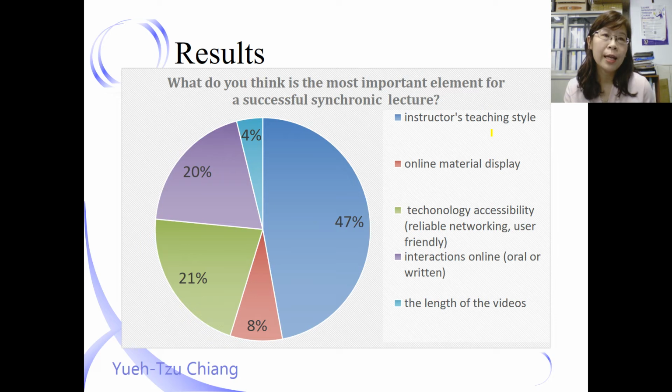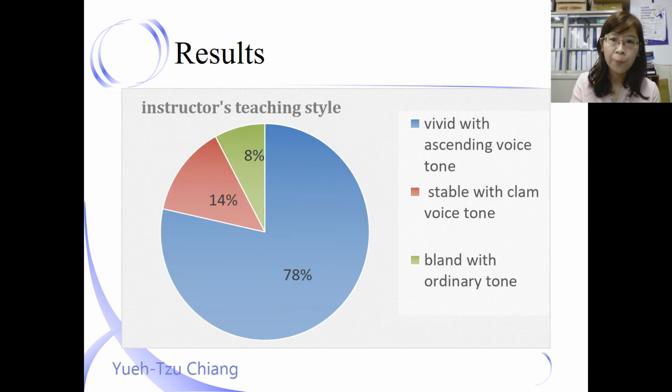That makes them want to stick to that lecture. Okay, so we could see these 5 items, and then we'll analyze these 5 items more specifically into different categories. First we'll talk a little bit about the instructor's teaching style.